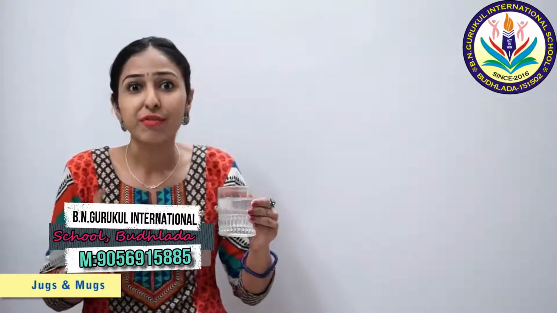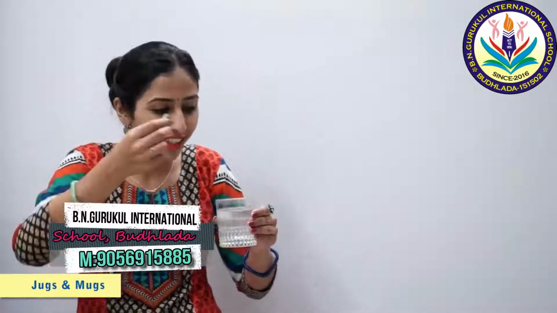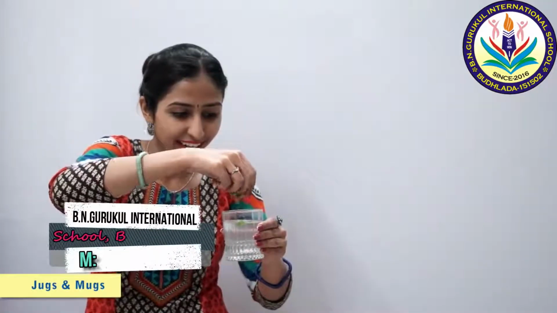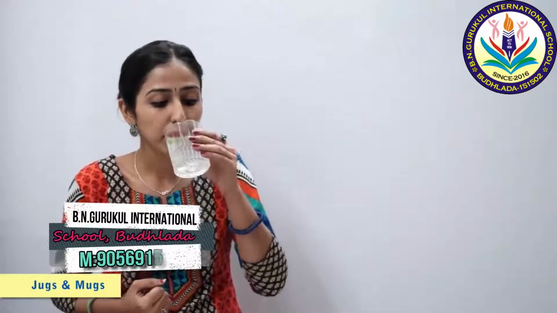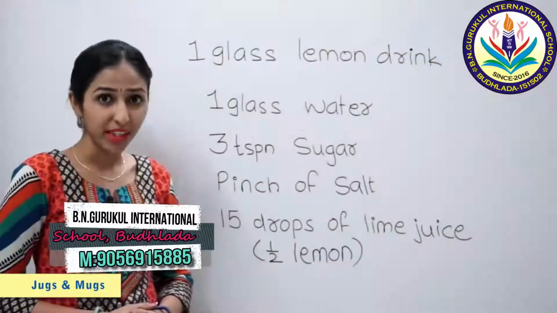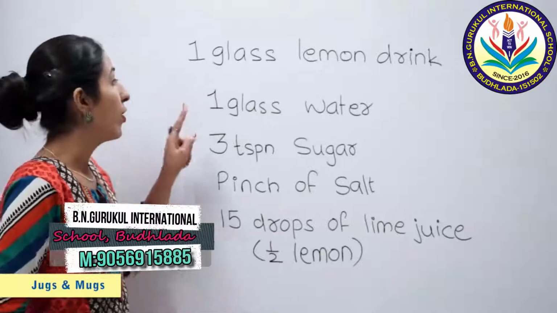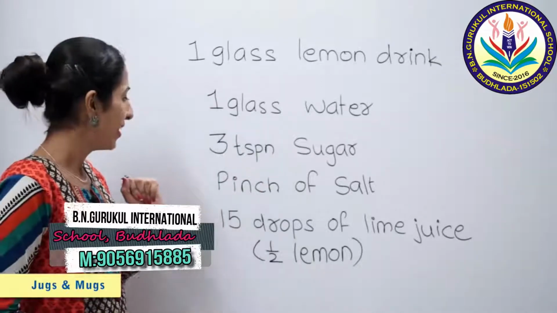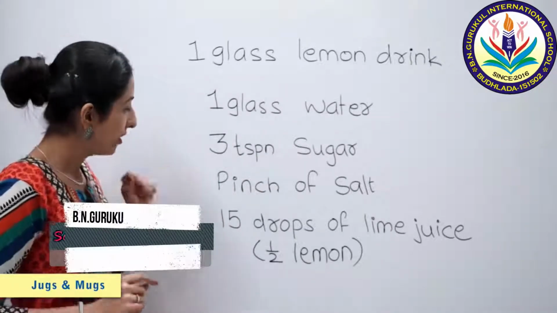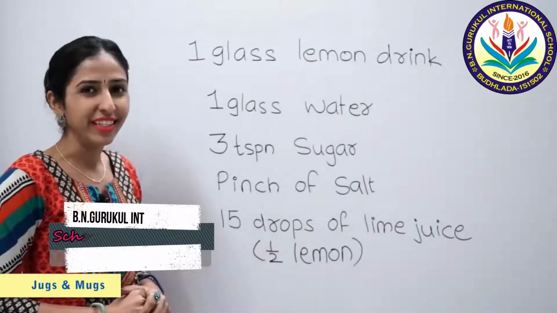Let's garnish the juice with some mint leaves. So attractive. Tasty. Students, to make 1 glass of lemon drink, I used 1 glass of water, 3 teaspoons sugar, pinch of salt and 15 drops of lime juice, that is half lemon.